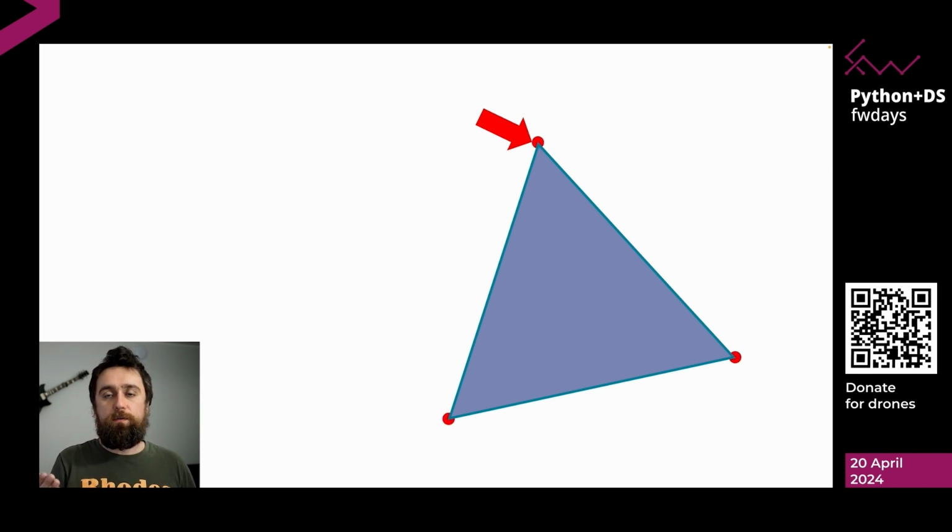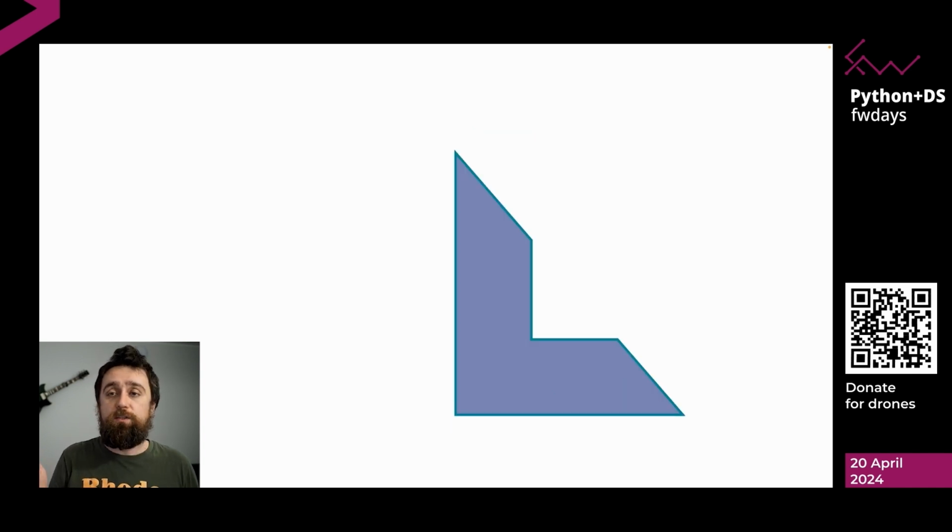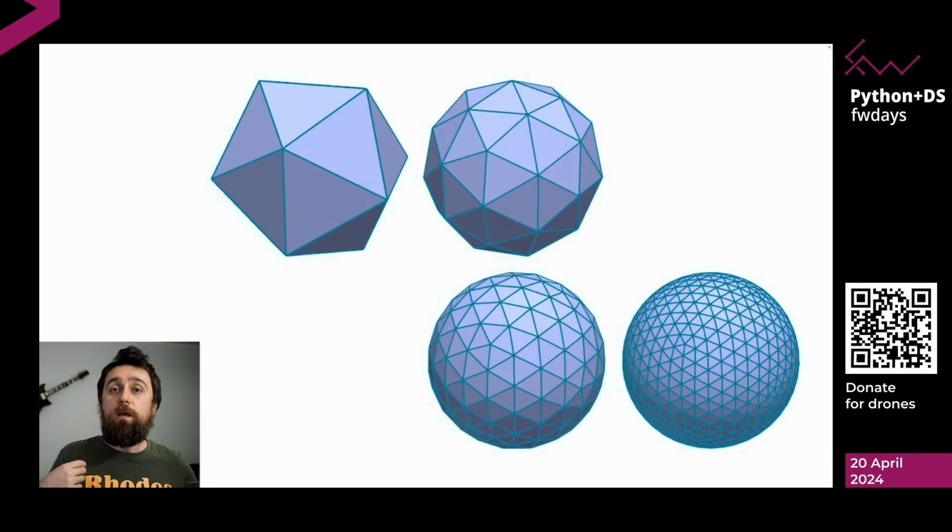You can see all of them right here, and you can imagine that this is probably the simplest form of a polygon, but there can be more complicated ones, like this one that has six vertices, and those vertices form edges, and through those edges you get some face. So meshes are geometric models that are essentially collections of vertices, edges, and faces, and they represent the shape of a 3D object.